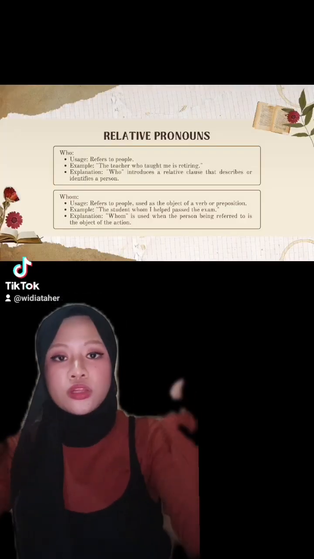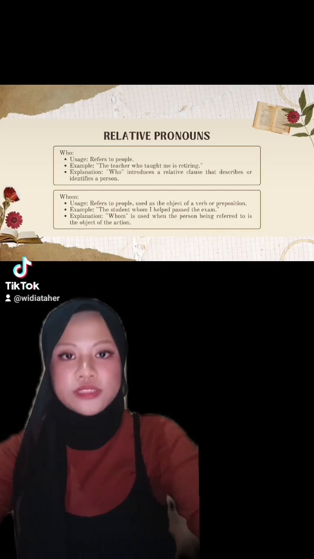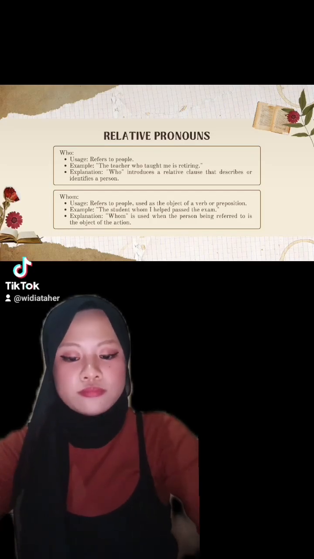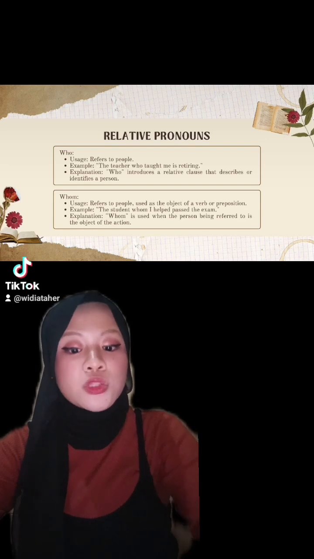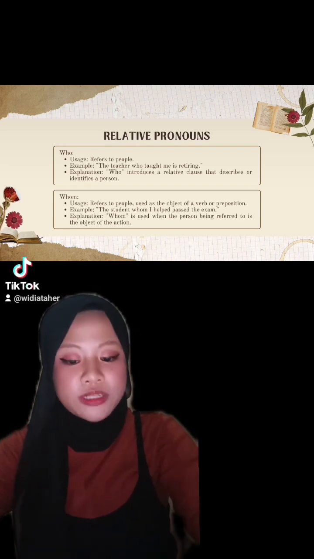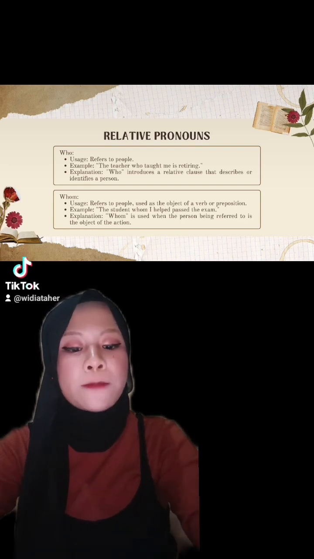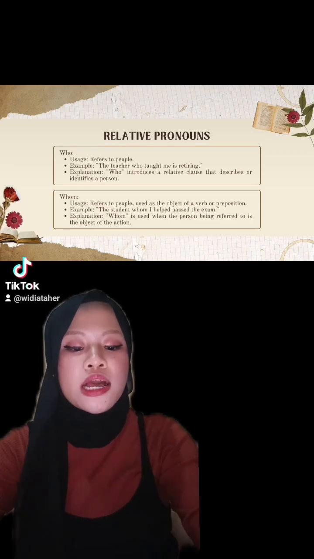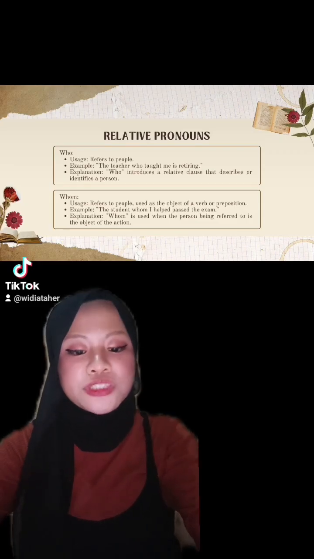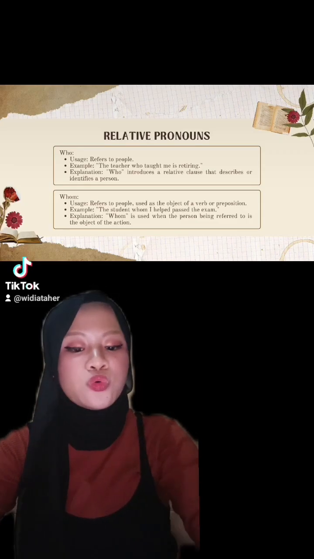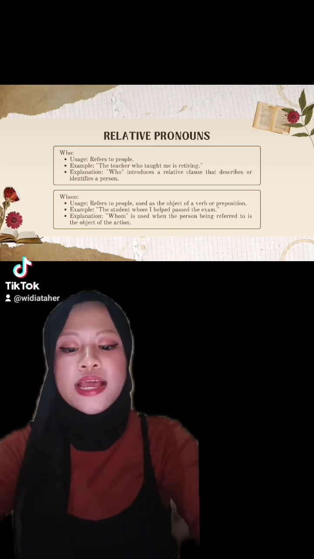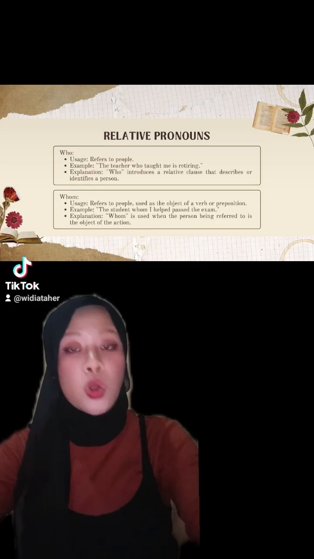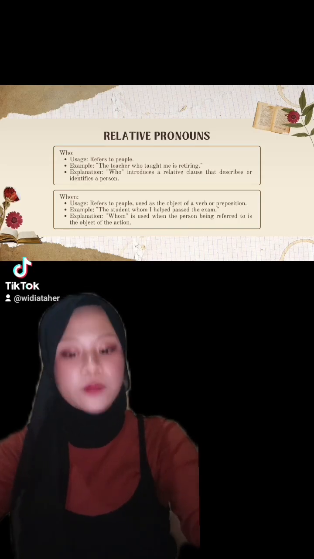So, we talk about relative pronouns. The first one is who. Usage: refers to people. Example, the teacher who taught me is retiring. Explanation, who introduces a relative clause that describes or identifies a person.